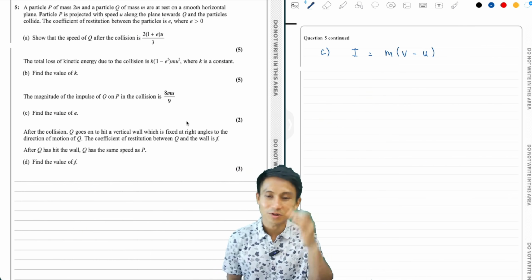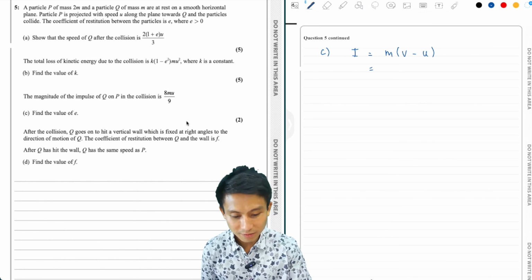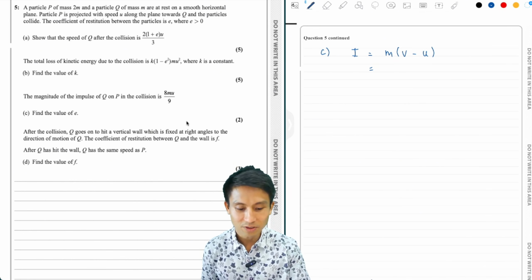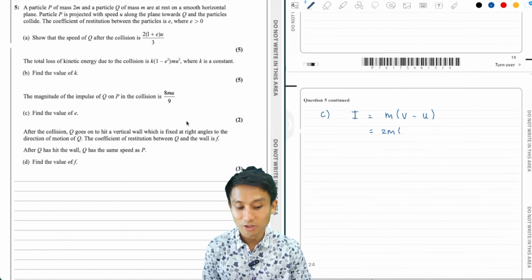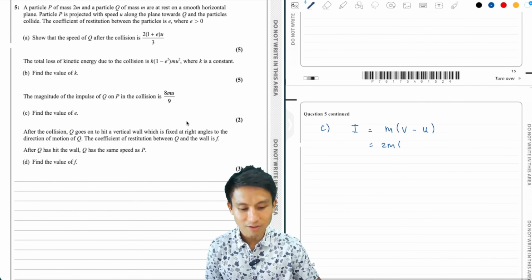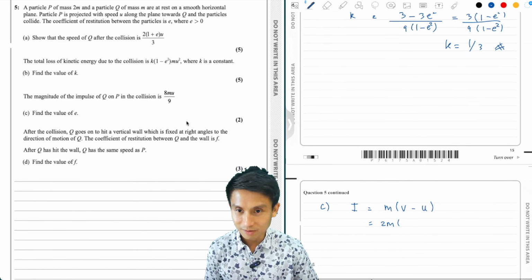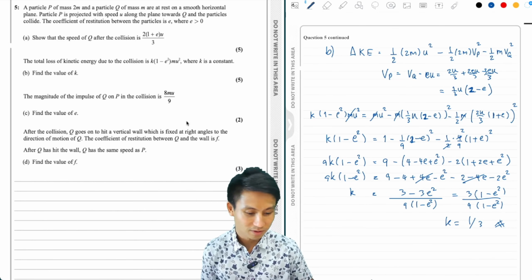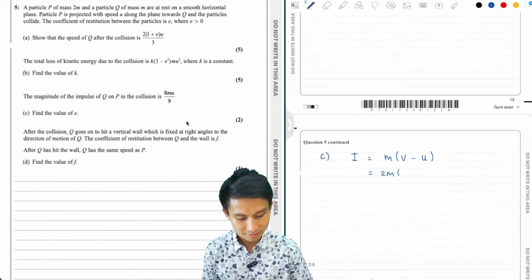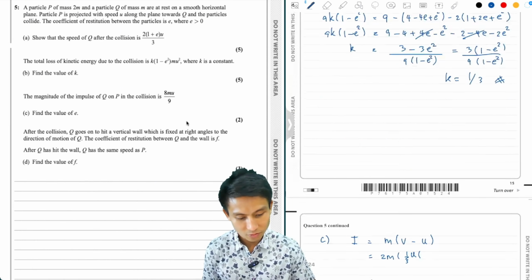Because this is impulse of Q on P, we're going to have to find the mass of P, which is 2m, and the speed of P. So VP minus UP. Final speed of P was again VP, we got it here, 1 over 3 u times 2 minus e.